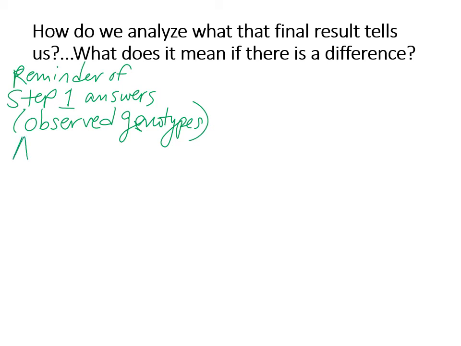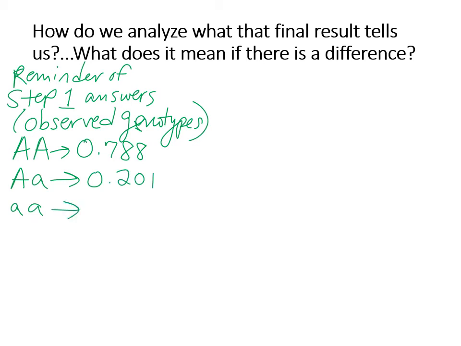We said we have our 3 genotypes. Capital A, lowercase a, that frequency was 0.788. Heterozygous was 0.201, and the recessive was 0.011.